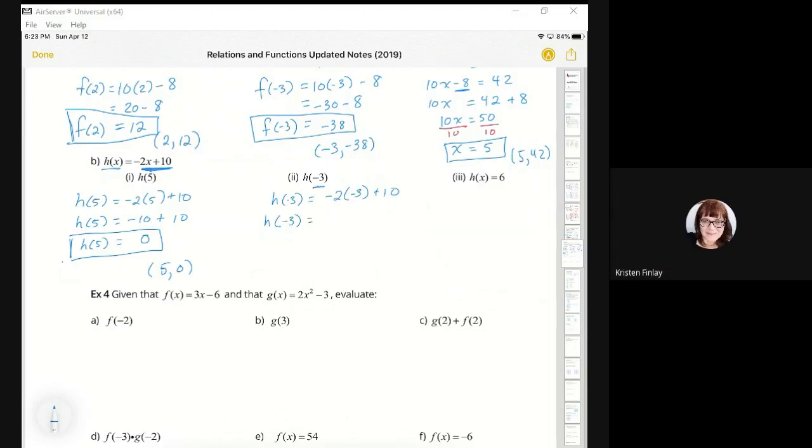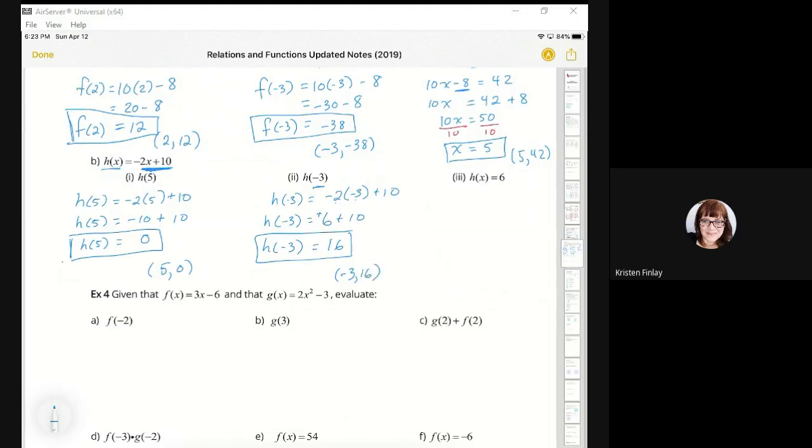Okay, h of negative 3 equals negative 2 times negative 3 is positive 6 plus 10. So h of negative 3 is equal to 16. So my answer, if I was looking at an ordered pair, would be (negative 3, 16).